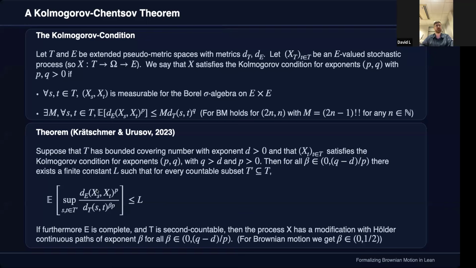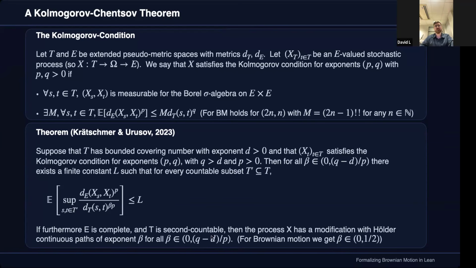That will be made precise after, but this is basically saying that it should look like Holder in expectation, or sorry, not in expectation because we have a sup here, right? So it's basically Holder, but the only difference is that T is over a countable set, right?